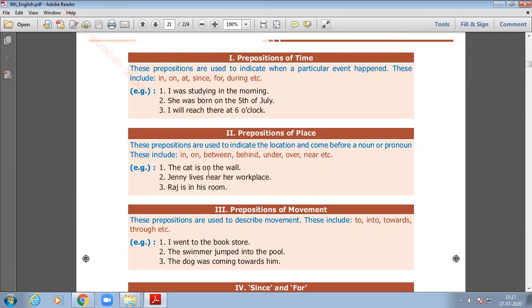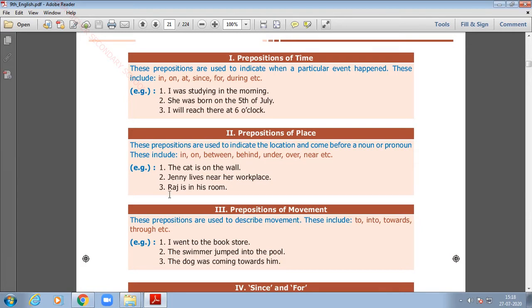So this on relates the cat and the wall. How does it relate there? You say that the cat is seated on the wall. Maybe it's a noun or a pronoun. Jenny lives near her workplace. Her workplace is another noun, and here is a word placed before her workplace. Her is actually Jenny here, and her is a pronoun, the word used instead of the noun Jenny. Hope you got it, children.